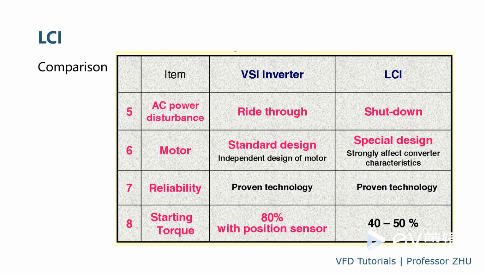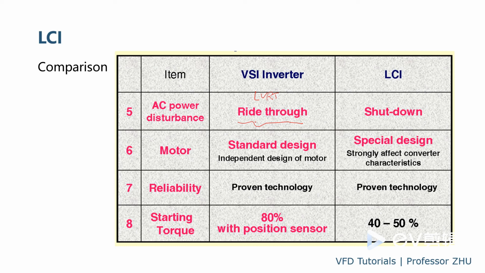And AC power disturbance, we call the low voltage ride-through function. In VSI it is quite easy because you have a capacitor on the DC bank, and the rectifier is a diode.